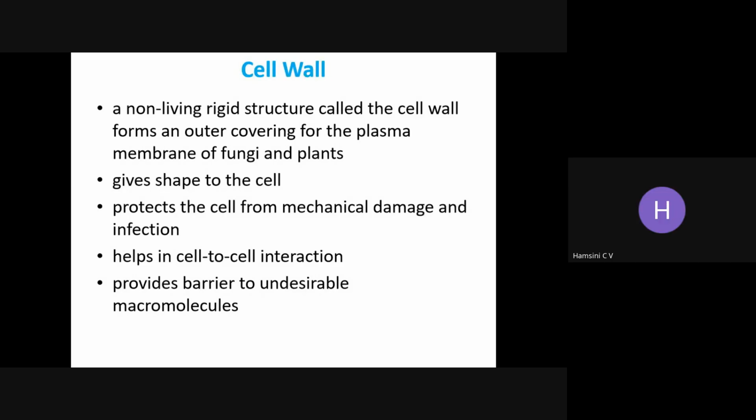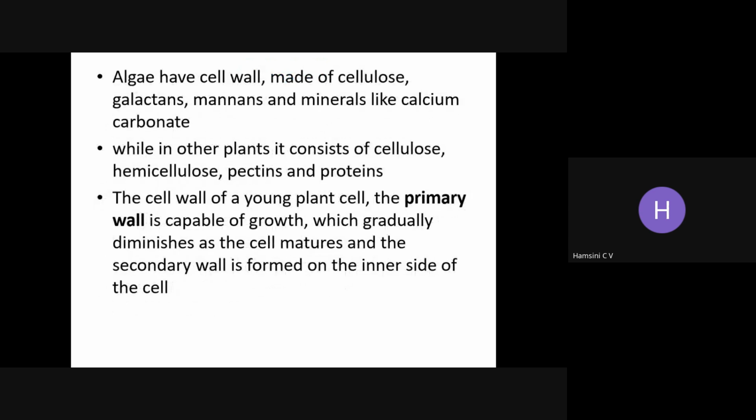Yeah, moving to next. So even here, give the point as algae and just write the composition. Cell wall: galactans, mannans, and it is made of minerals like calcium carbonate. Other plant cells: cellulose, hemicellulose, pectin, protein.